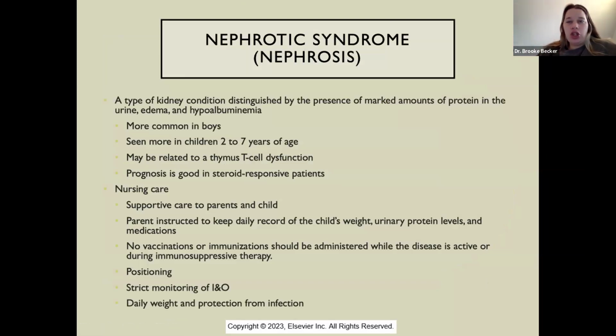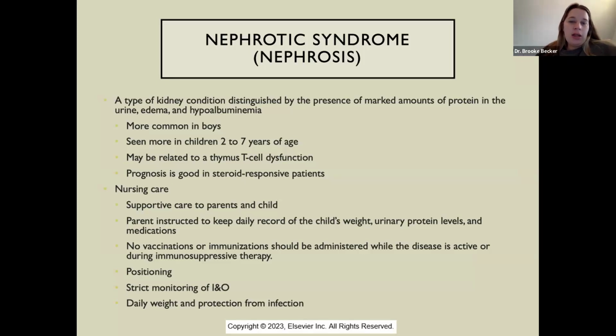This is a kidney condition where there is a lot of protein in the urine, and it causes edema and low albumin in the blood. It's more common in boys, specifically kids 2 to 7 years of age. So thymus T cell dysfunction, they think, is a part of why some kids get nephrotic syndrome and some do not.